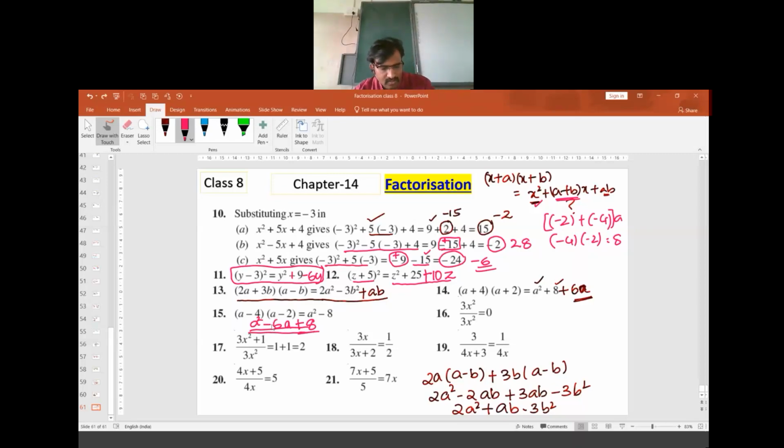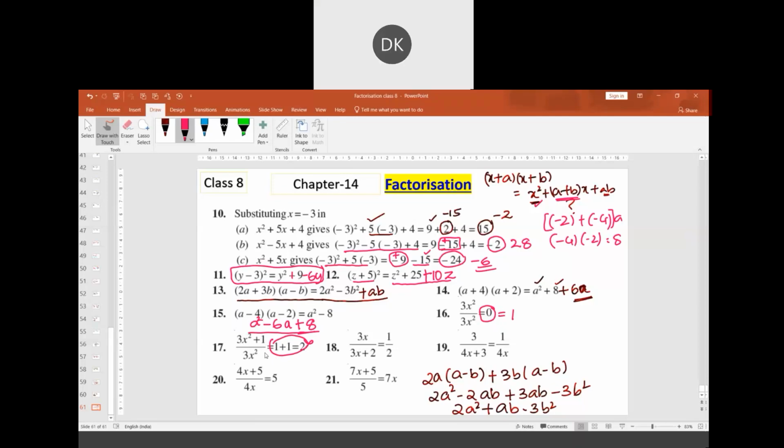Let's look at this 16th one. Do we get 0? It should be 1, sir. 3x cube minus x square divided by 3x square, how about this? You have to divide both the terms, and we will get x minus 1 by 3.